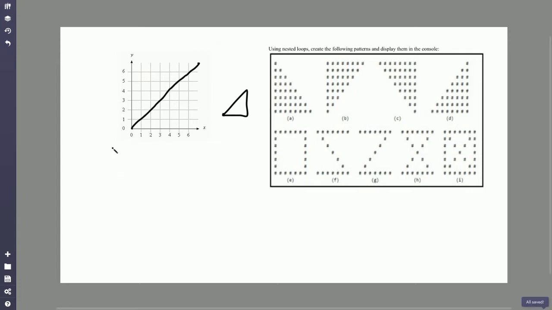This line's probably pretty familiar to you. It's just going to be y equals x. And I know you probably didn't expect to be watching math in this video, but bear with me, it will make sense. In this example, we're going to be using this line to facilitate the decision process of whether or not we should be outputting a pound symbol or a space to the console.